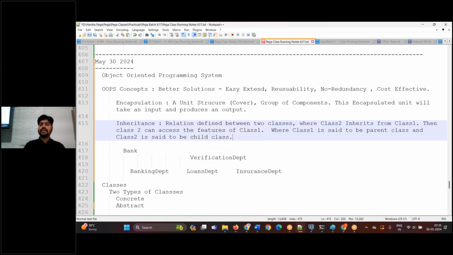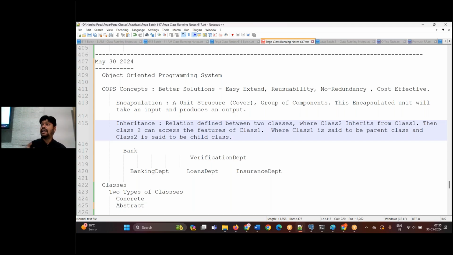See, here I am not going to simply tell you what inheritance is. If I have to tell you, inheritance is a relationship defined between two classes. One class you will inherit from another class. It's called the child class. The above one is called the parent class. Child can access the features of parent. It's not simply that. Why inheritance? Why does the technology have inheritance? What is the reason technology developers have come up with this feature?